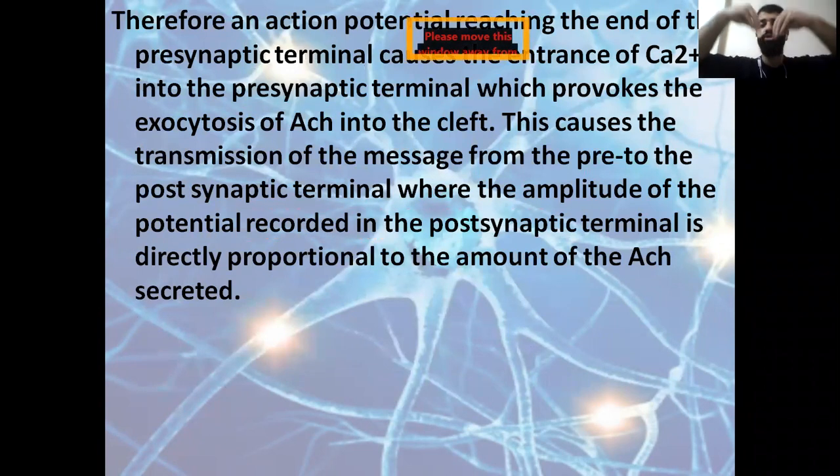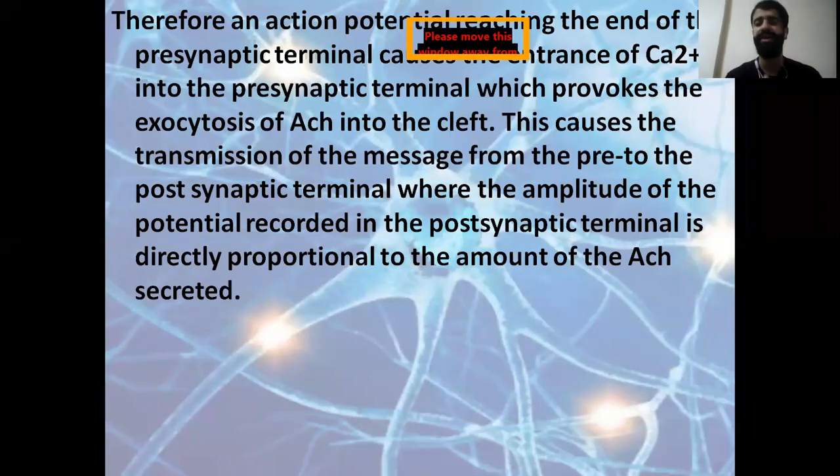This Ca2+ provokes the exocytosis of acetylcholine, ACh being the symbol of acetylcholine, into the cleft. This will lead to the propagation of the nervous message from the presynaptic terminal toward the postsynaptic terminal, as well as an action potential. And you have to know that the potential difference is directly proportional to the level of acetylcholine.